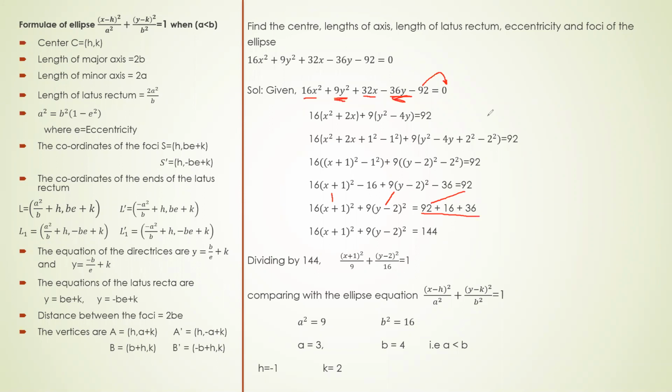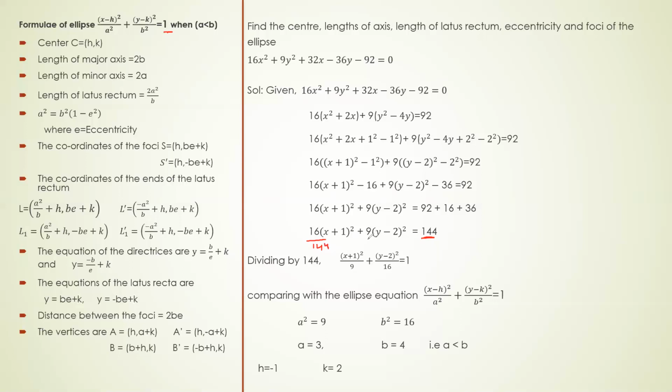Now, if we divide the whole equation by 144, because we want 1 on the right hand side, we will divide this whole equation by 144. When you divide it by 144, it will be (x plus 1) whole square divided by 144. 16 nines are 144.